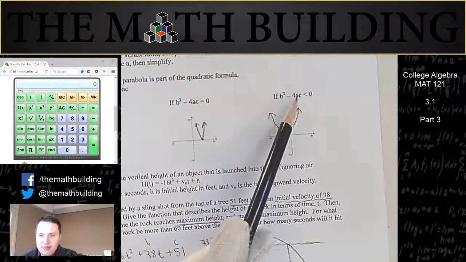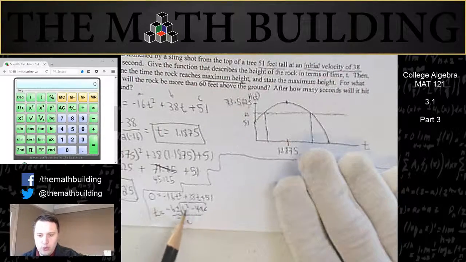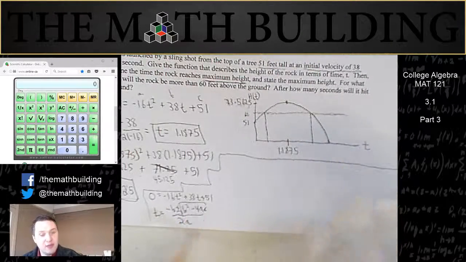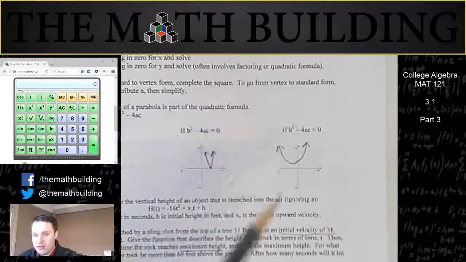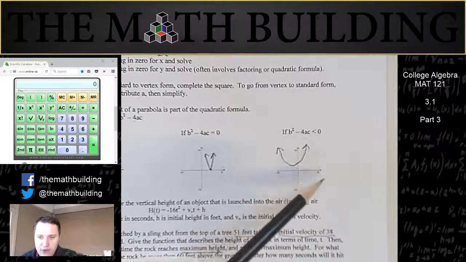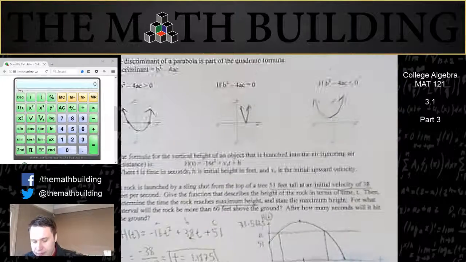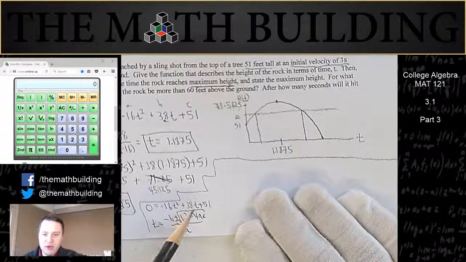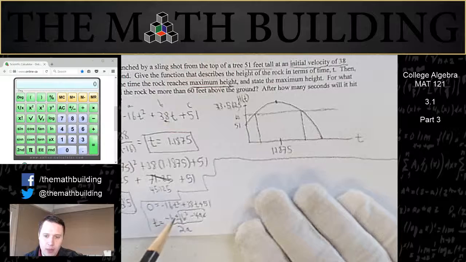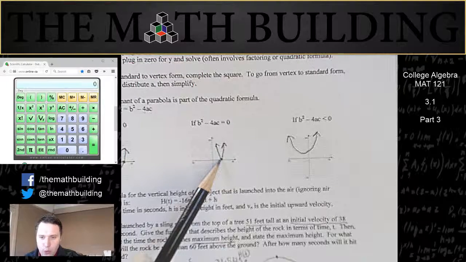When the discriminant is negative, then that means we get a negative number in the square root right here, which means we have imaginary answers. And so because we get imaginary answers, that tells us that we're never going to hit the x-axis, and so we're not going to have any roots. It's just going to be imaginary. When b squared minus 4ac is equal to 0, we have plus 0 and minus 0. And so in fact, that means we're only going to have one answer, one root.